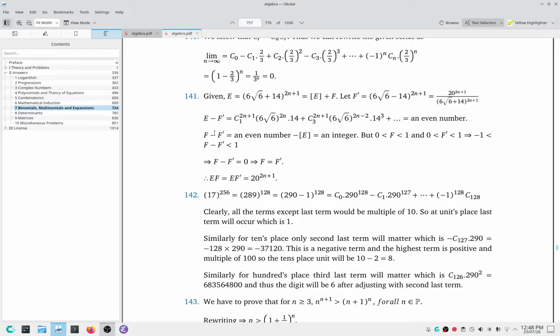Now from this we have got f minus f prime is equal to an even number minus the greatest integral function of E, which is an integer. But we know that f and f prime both lie between 0 and 1. So f minus f prime will lie between minus 1 and 1. Therefore, f minus f prime is 0. That is, f is equal to f prime. Therefore, EF is equal to EF prime, that is 20 to the power 2n plus 1.